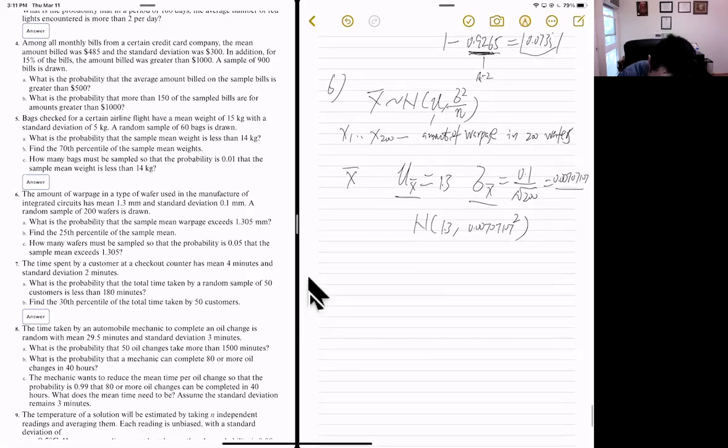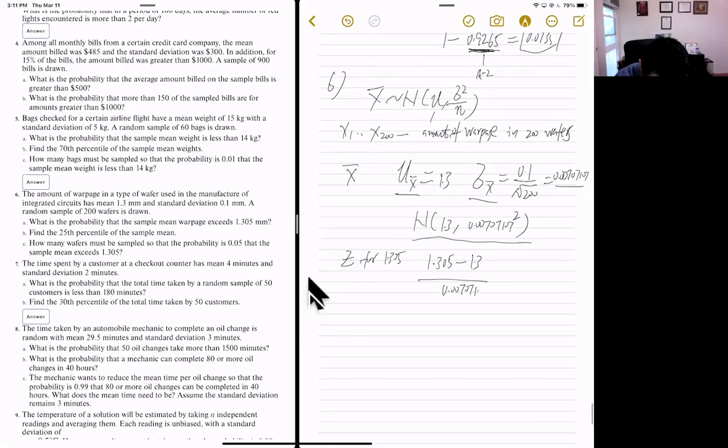After that, probability of exceeding 1.305. The z-score for 1.305, we use the equation x, 1.305, minus mean 1.3, over sigma. So the z-score is 0.71.